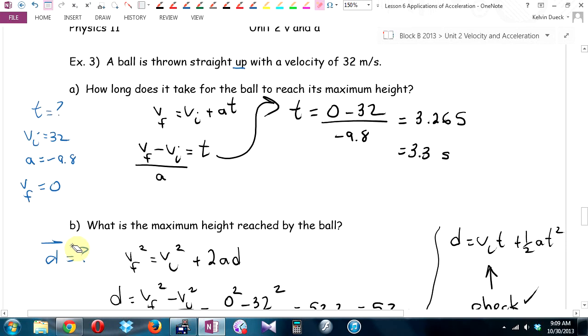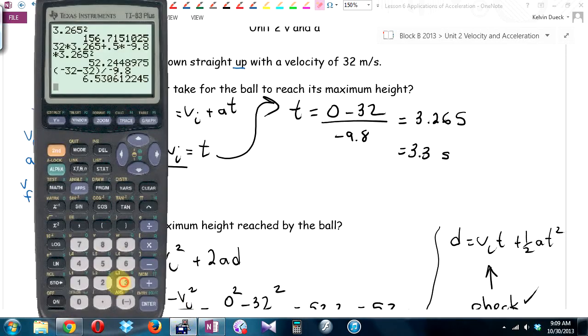Care to guess how long it takes to come all the way back down? The same. You could actually have taken your answer from A and doubled it. In fact, 3.265 times 2, is that really, really close? We've rounded off a bit, but is that what we got in our answer for C? That works just fine, and you can feel free to do that.